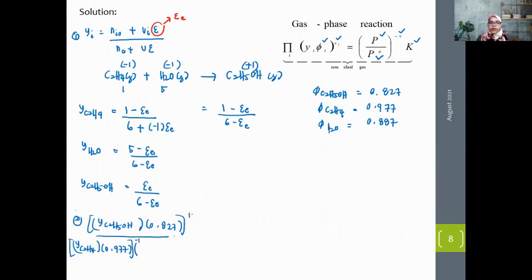And then for H2O it is 0.887 and minus 1. This equals P over P naught, which is 35 bar, to the power of the total stoichiometric number, so it turns to 1. And then K is 10.02 to the power of minus 3.